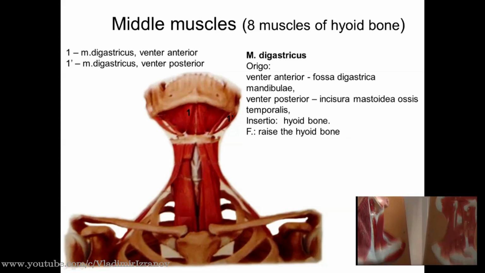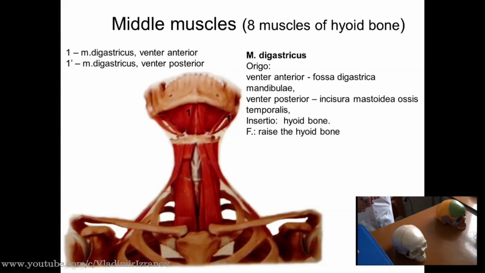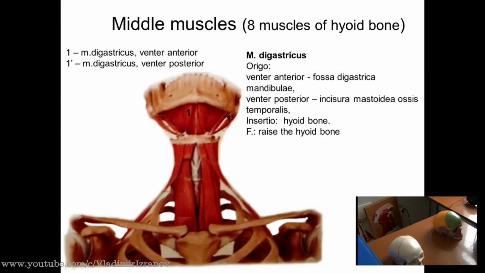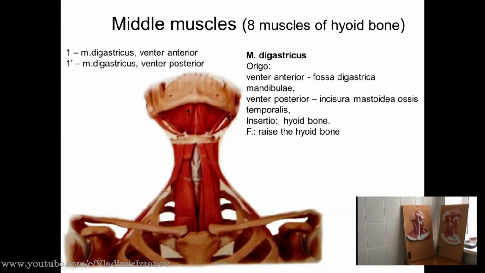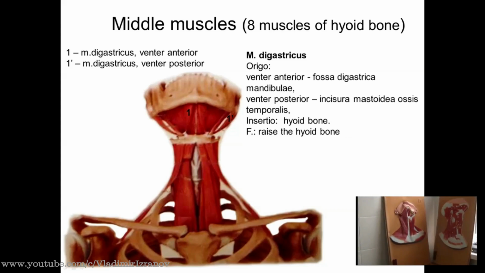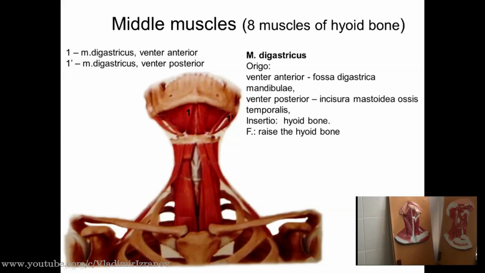Let us demonstrate. We can understand that this is the mandible and fossa digastrica is here on the interior surface of the corpus mandibulae, and insertio is the hyoid bone.